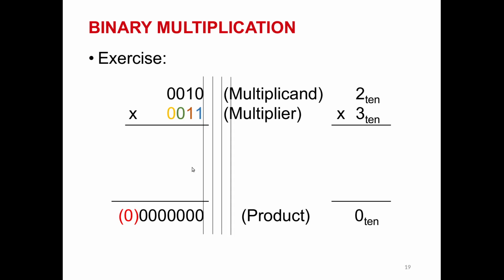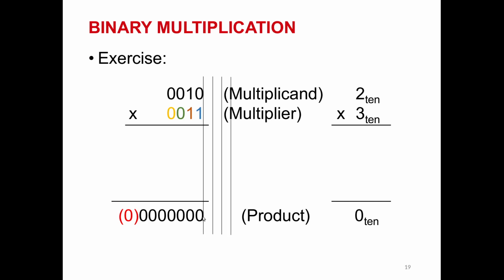But at this time, instead of shifting the multiplicand 1 bit by 1 bit further to the left, we can see that if we instead shift the product 1 bit to the right into some available space, the value will not change at all.